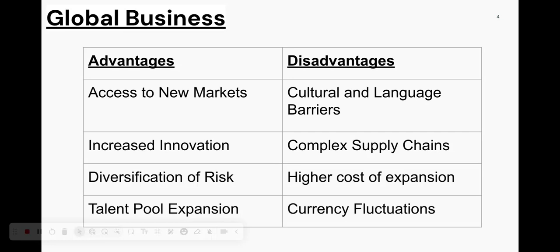Another advantage is diversification of risk. And what that basically means is when you have a global business, when your company is operating in multiple countries, it's going to reduce its dependency on the economy of just one country. So for example, if you have a company in America and if America happens to face a recession, the company can still earn money from the other markets that it is working in.